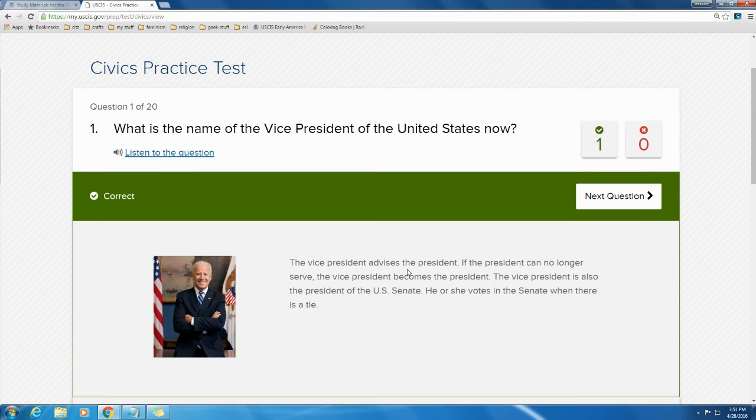The vice president advises the president. If the president can no longer serve, the vice president becomes the president. This is very interesting because these comments are based on the M-638. The M-638 was written approximately 2008. Some of the vocabulary and the sentence structure was very difficult for our students.